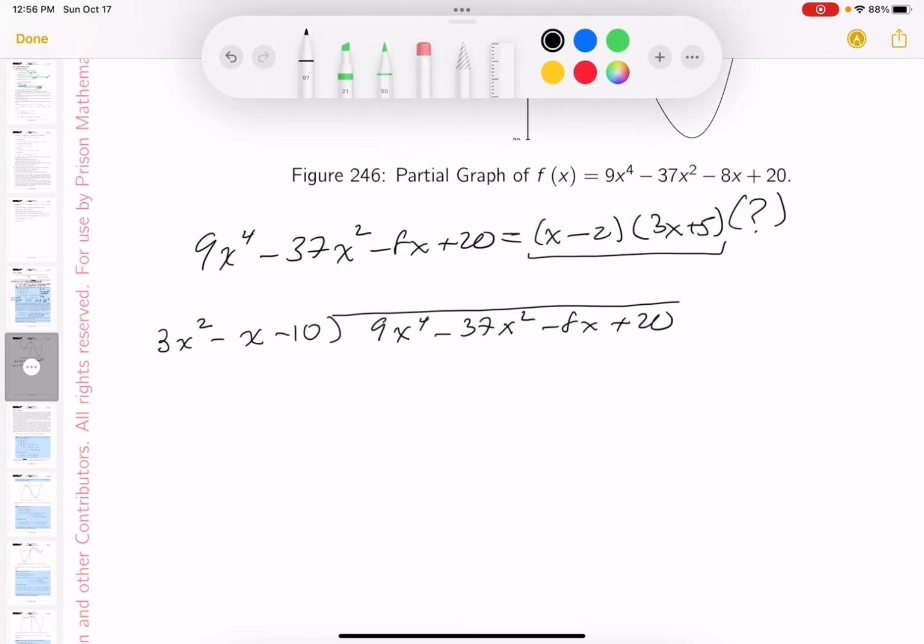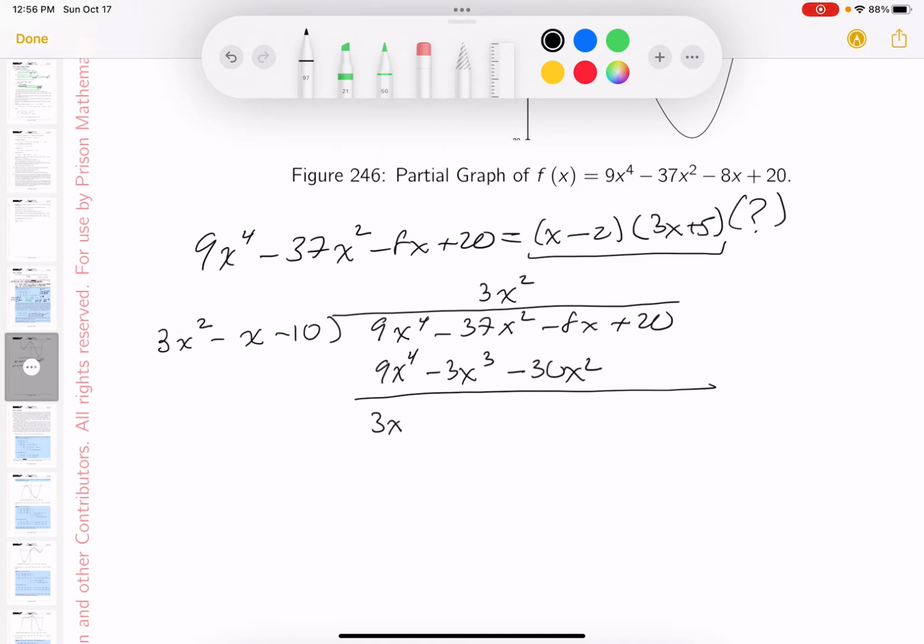Well, what do you get? I'd say 3x squared. That would give you 9x^4. We're going to get the same answer, don't worry. Minus 3x cubed. Let's see, minus 30x squared. Well, I got to subtract them. Things aren't lining up, but I can still do it.